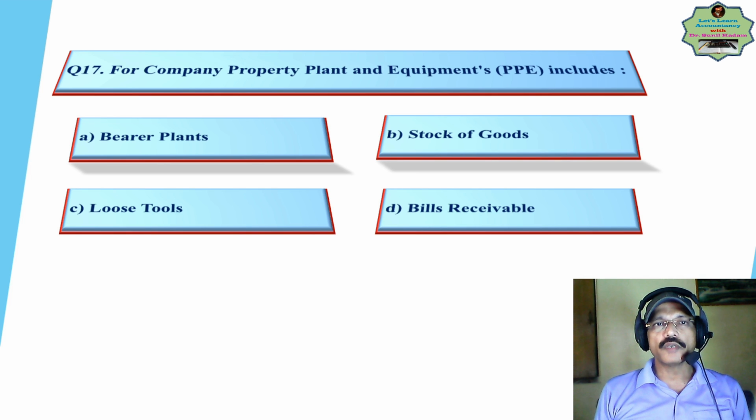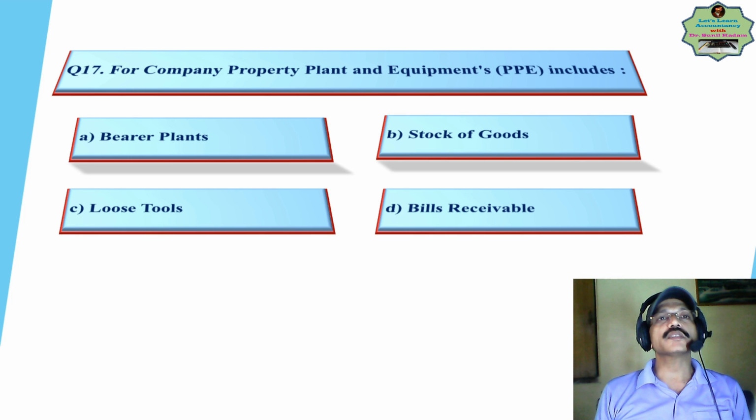But here the last one is bills receivable, which we just discussed, is a current asset. Loose tools are also an example of current asset. Stock of goods is also a current asset, an example of inventory.